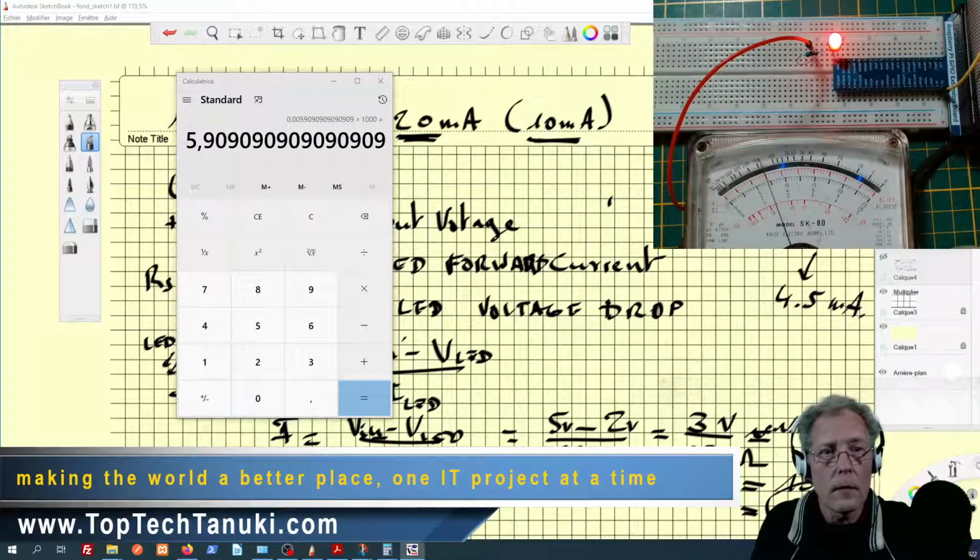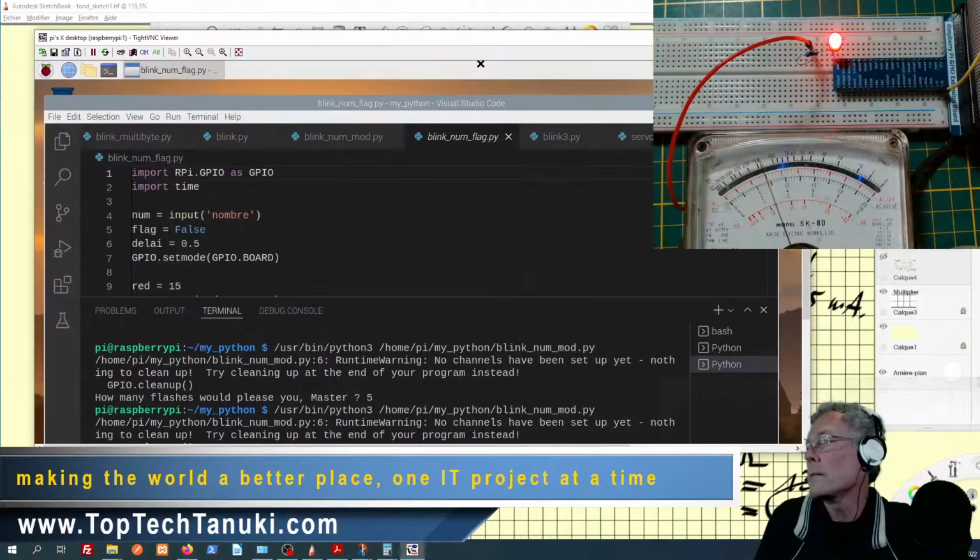This is long. Blinker. It was a blinking diode. Okay, so let's go here.